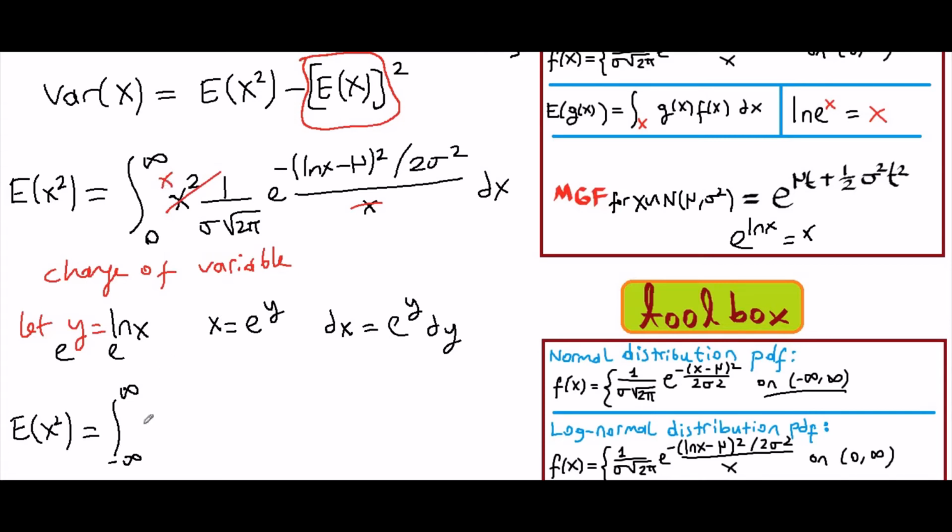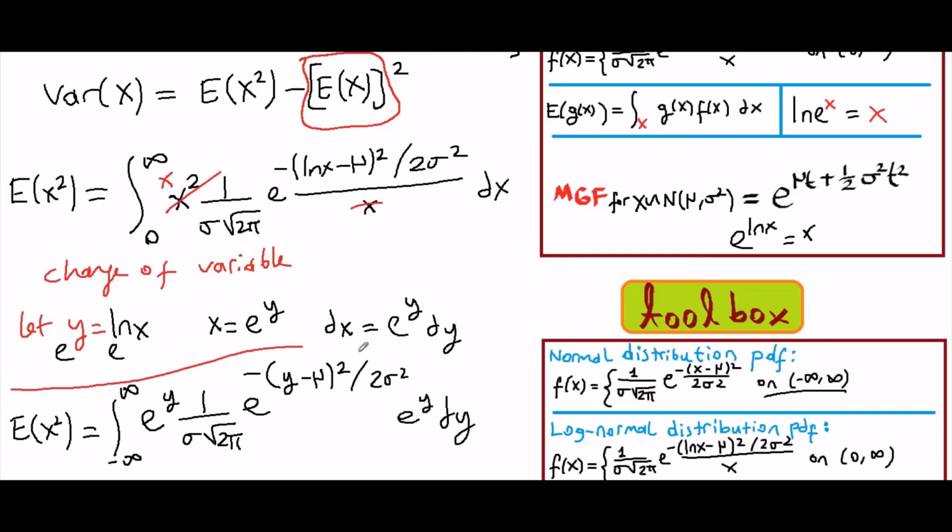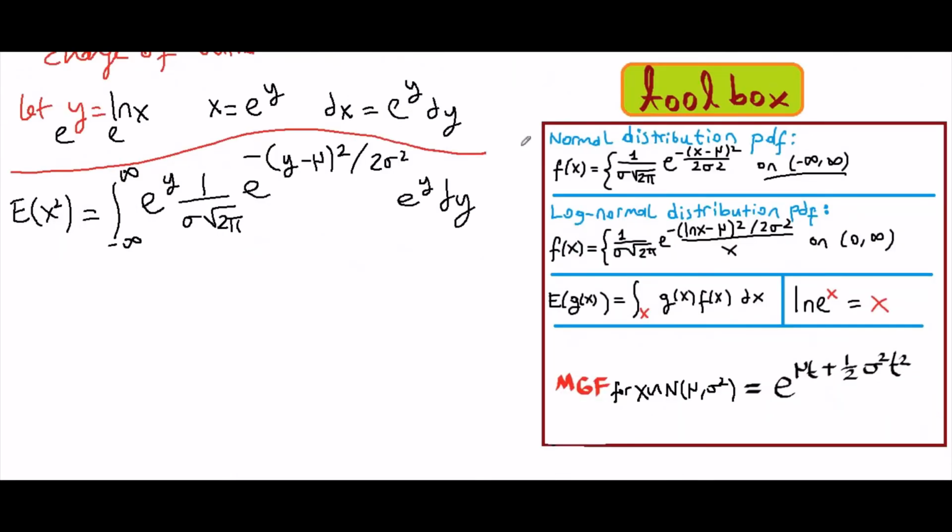So instead of x here, we have e to the y, and we have 1 over sigma times square root of 2 pi, e to the negative, instead of ln of x, we have y minus mu, quantity squared, over 2 sigma squared. And instead of the x, we have e to the y dy. So this is the expression we obtained from the final step. Now we can merge e to the y times e to the y by adding the exponents.